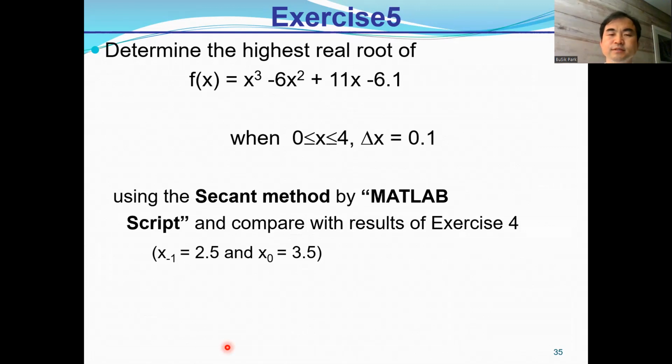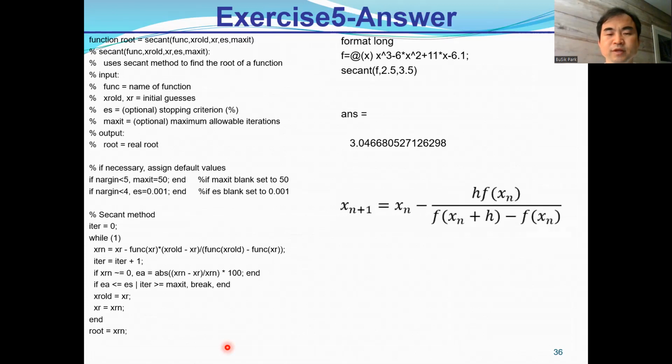Exercise 5 is the secant method using a MATLAB script. The secant method equation is xn+1 equals xn minus f(xn) times h, divided by f(xn plus h) minus f(xn). So this is how we can implement this.